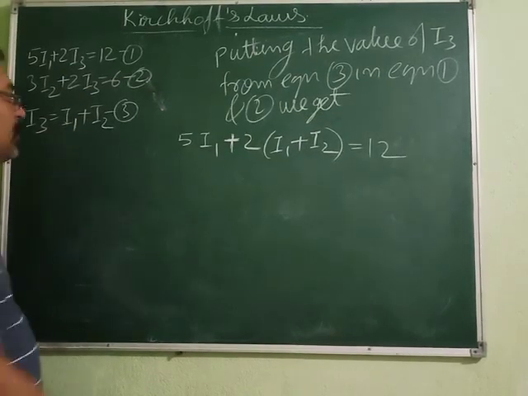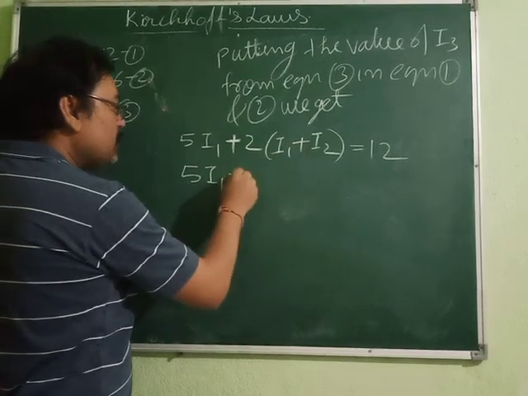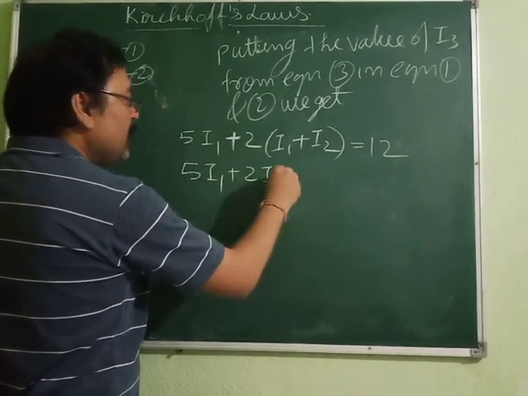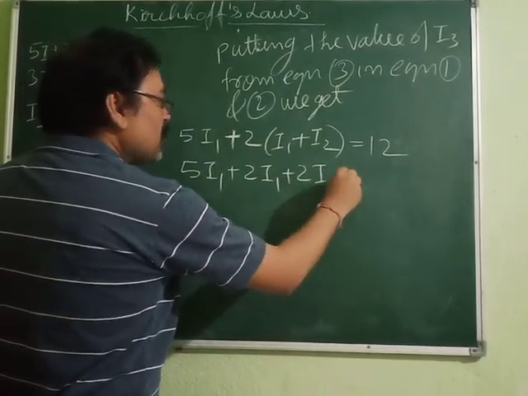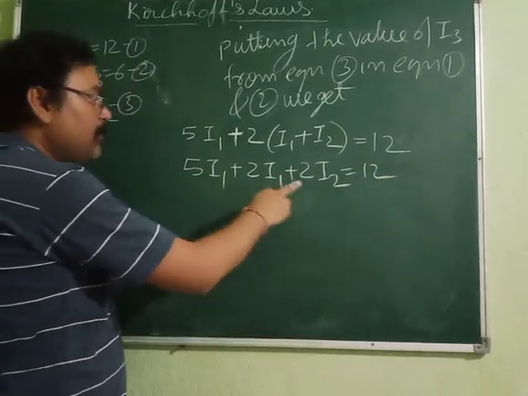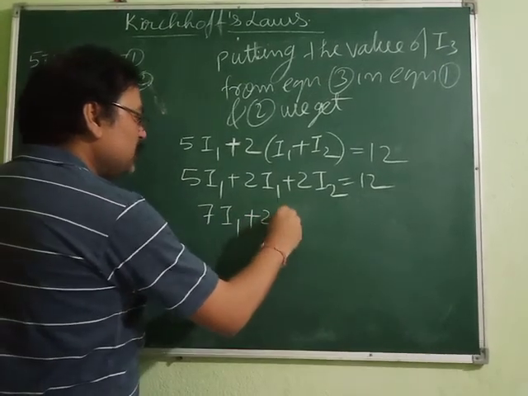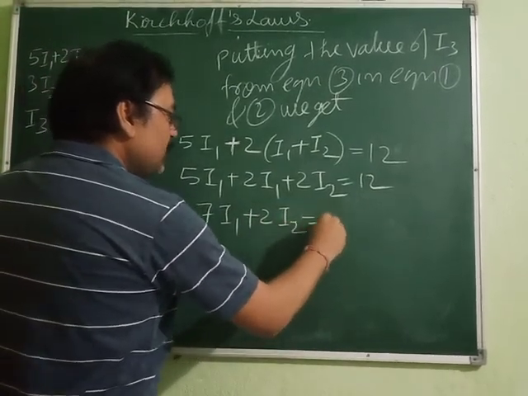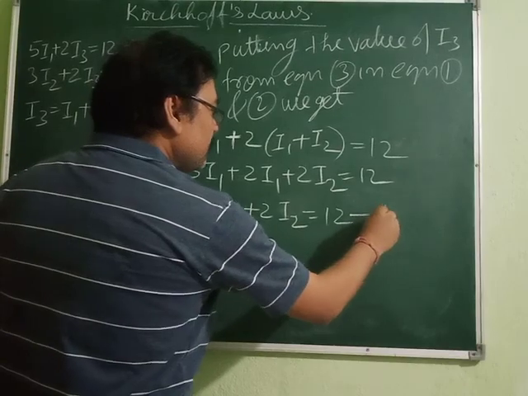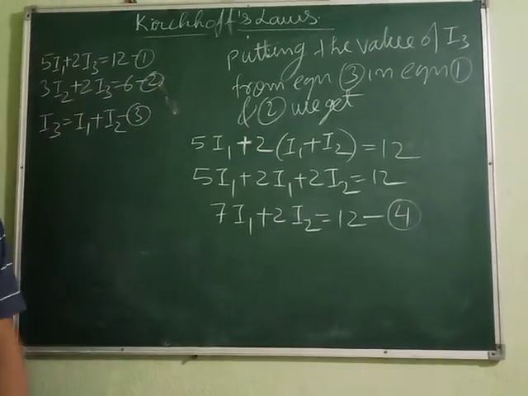Now what do you get? 5I1, 2 you multiply here, so you get 2I1 plus 2I2, equal to 12. Now 5I1 plus 2I1 is how much? 7I1 plus 2I2 is equal to 12. Let us mark this equation number 4.